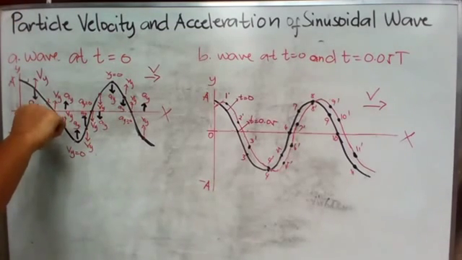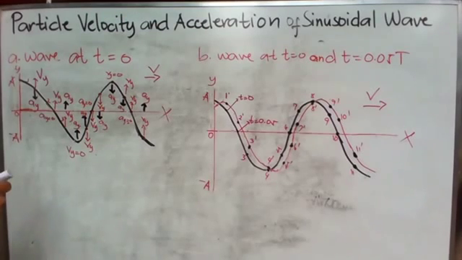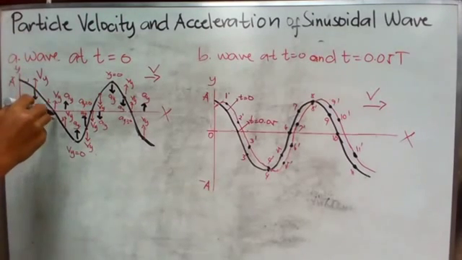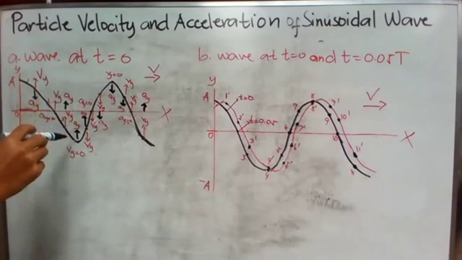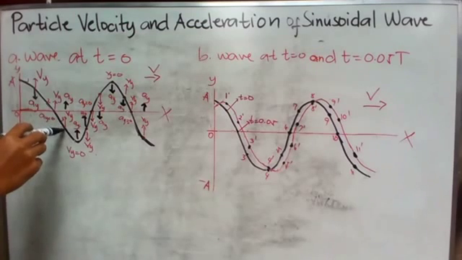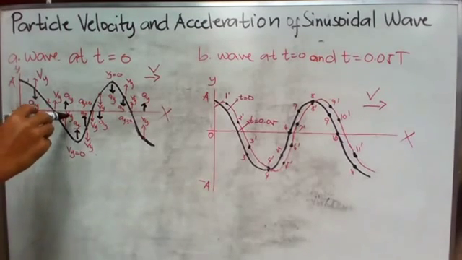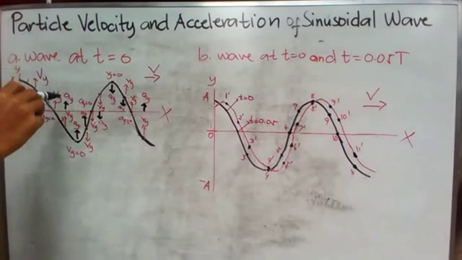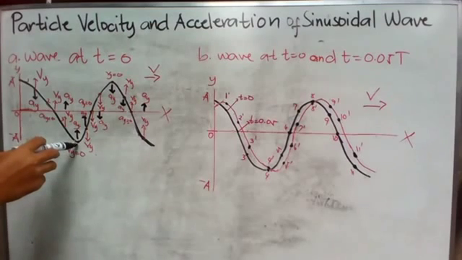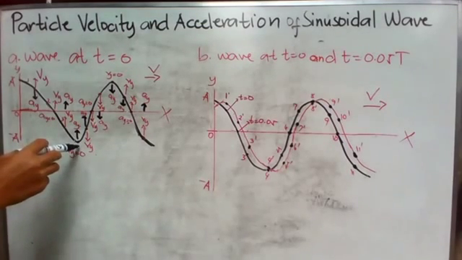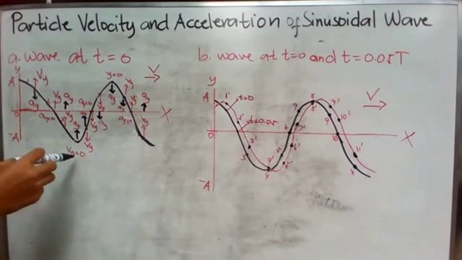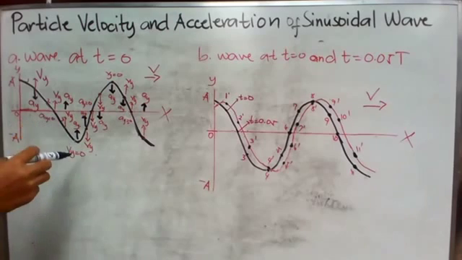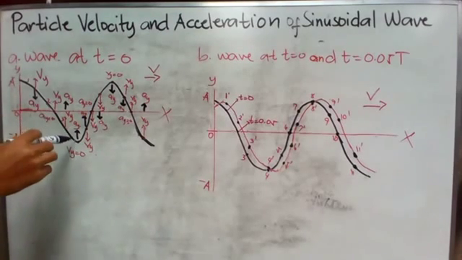At x equal to 0 we don't have acceleration, so the acceleration is 0, but we have the velocity going upward. For particle 3, the velocity is going up and the acceleration is also going up. At the maximum height we don't have velocity along y, it is 0, but we have the acceleration, which is upward.